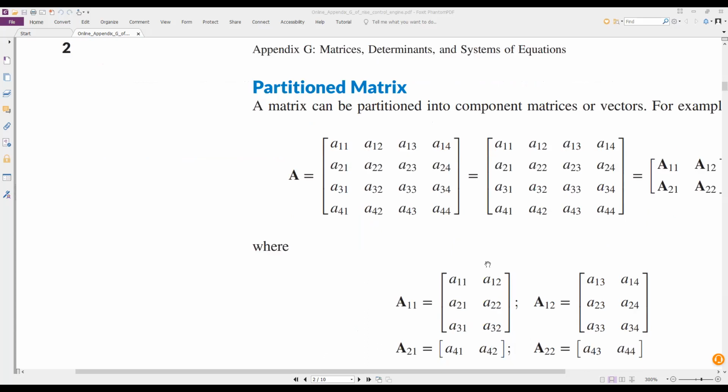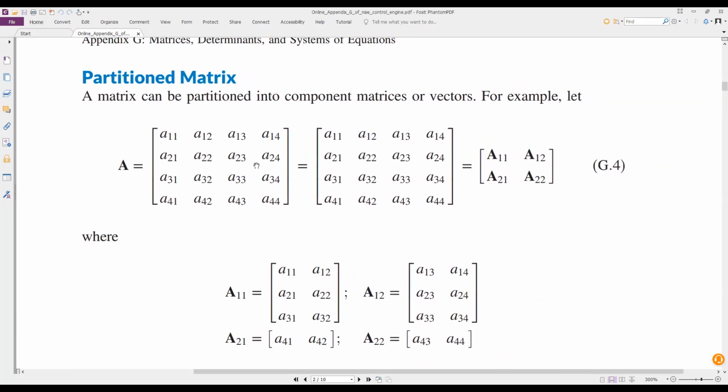Now, partitioned matrices. A matrix can be partitioned into component matrices or vectors.